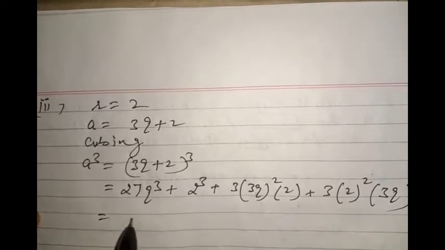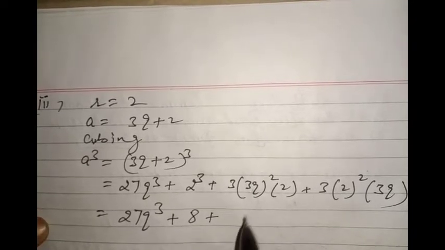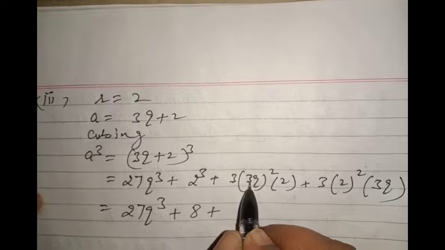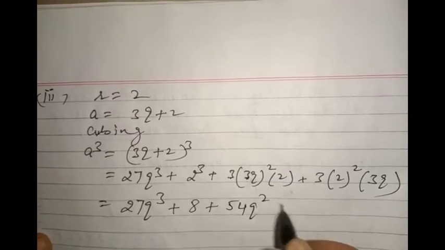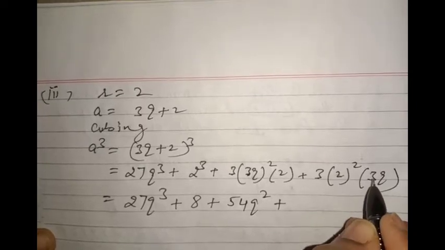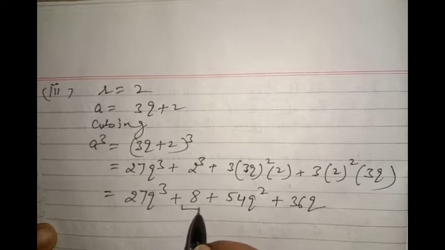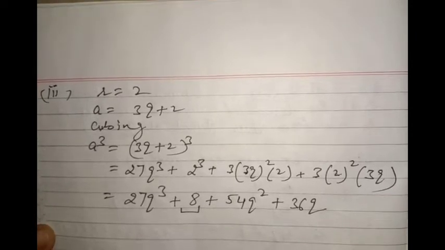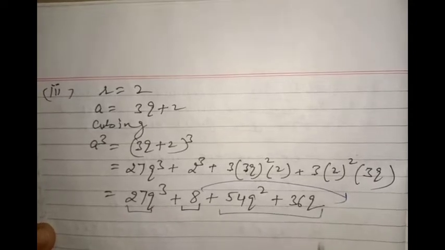So this will be 27q cube plus 8 plus 3 times 3 is 9 times 6, 54q square plus 3 times 4 times 3, it's 36q. So this 8 I will shift at this side, and out of these I will take 9 common.